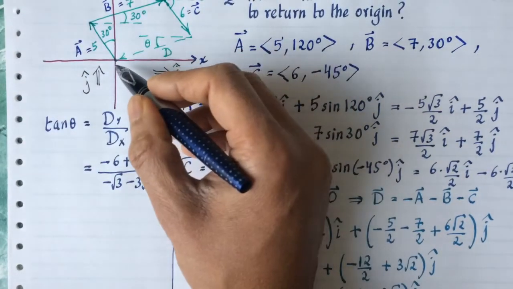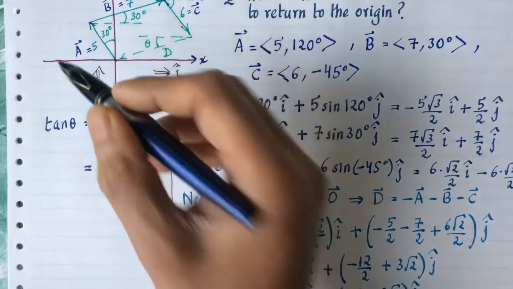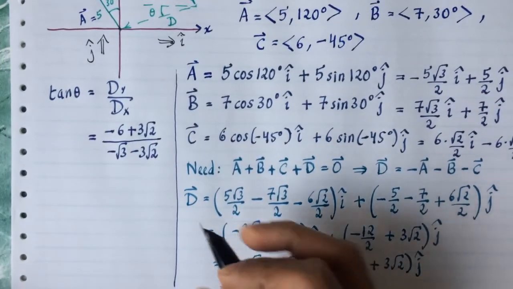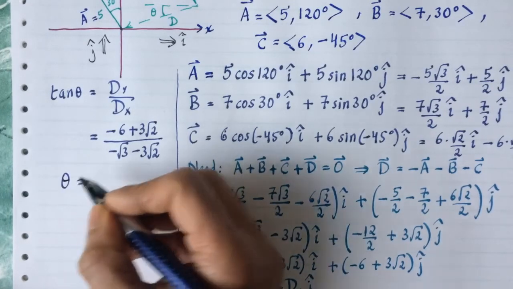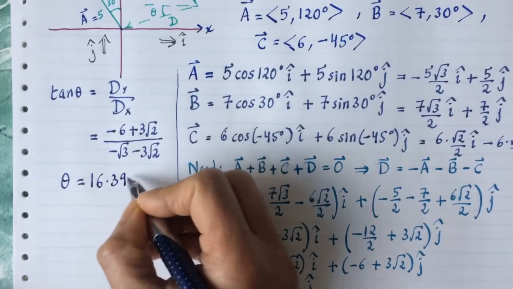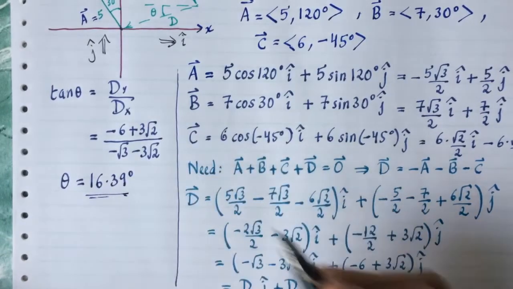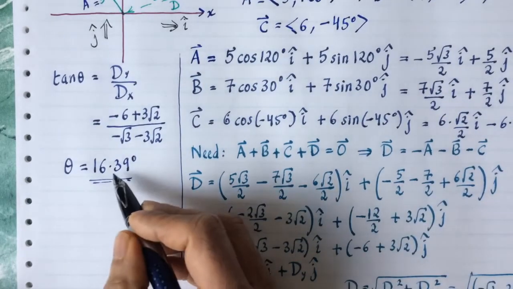This angle is actually in the third quadrant. So to that positive angle, you have to add 180 degrees. So you have to be careful to do that. Once again, I used a calculator to pull this off, and I get 16.39 degrees for the answer. The true answer is going to be 180 plus that.